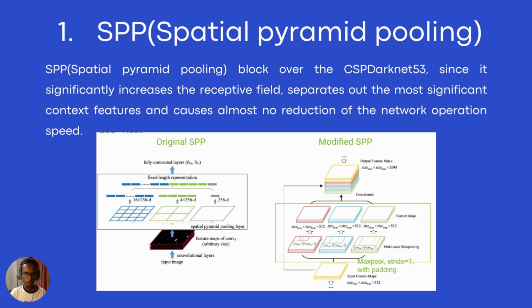And one other problem was when you use a fully connected layer in a deep neural network, you cannot change the input size because the fully connected layer enforces the resolution or the input size that you're going to use for your network. So for object detection tasks, we don't want to use fully connected layers.